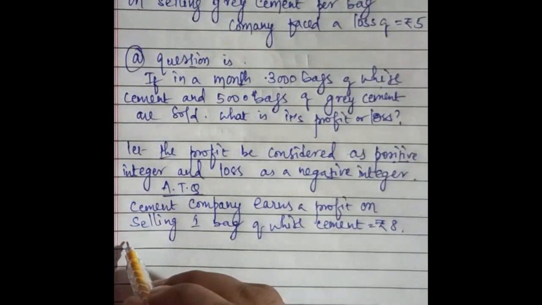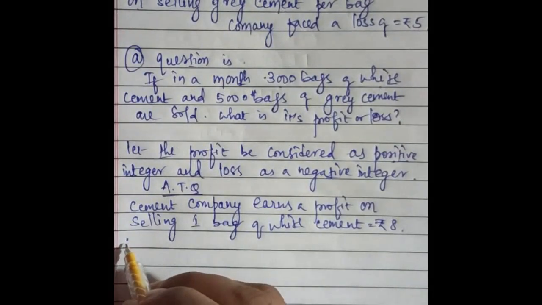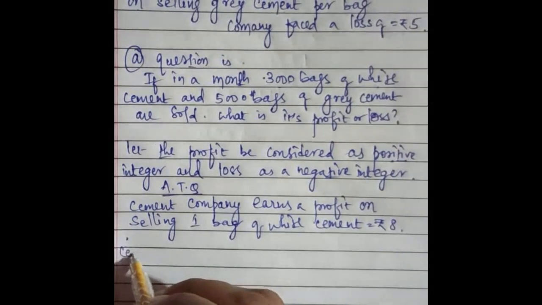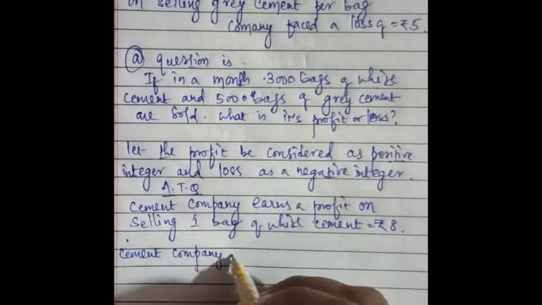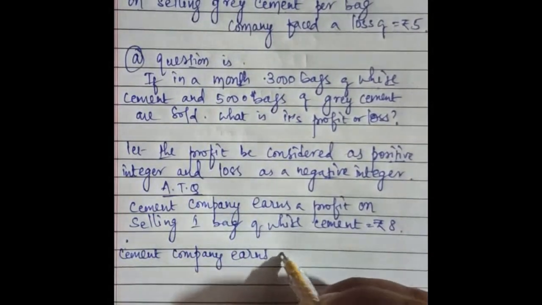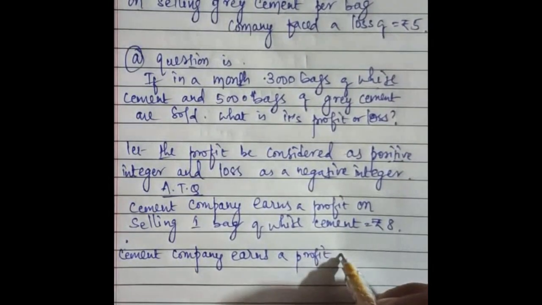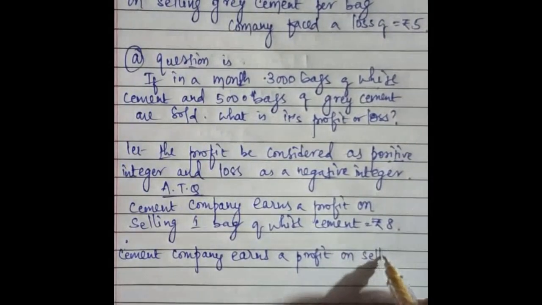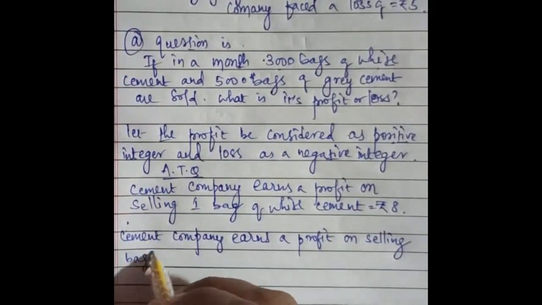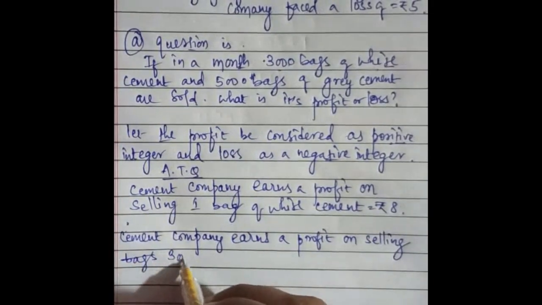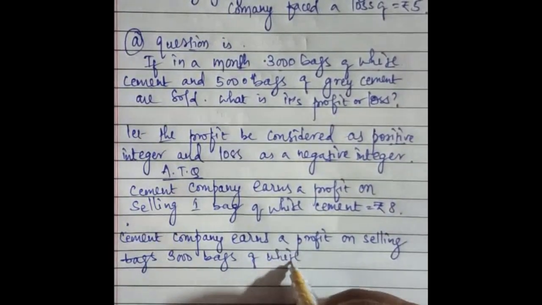So therefore what we can write, cement company earns a profit on selling 3,000 bags of white cement.